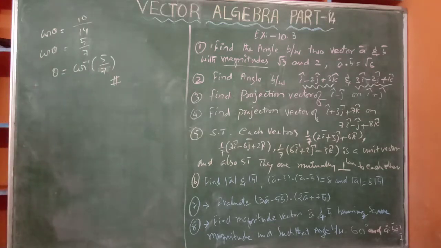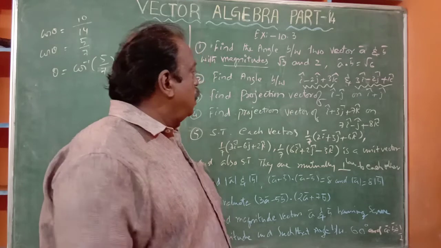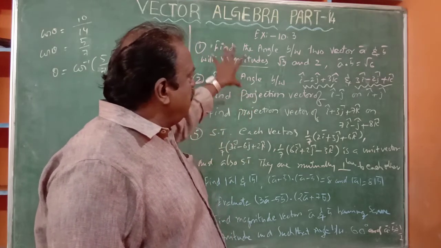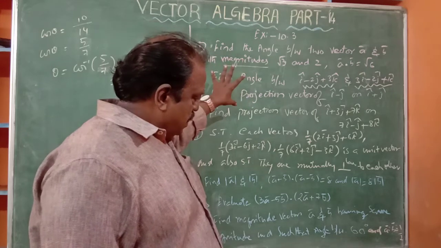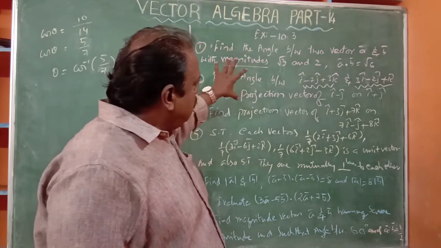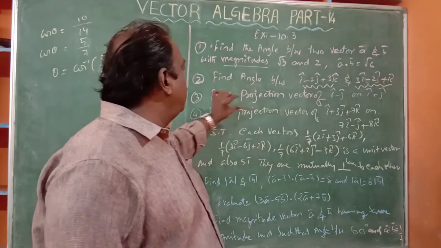Next, find the projection vector. Observe, open your textbook and see all the questions, because the place on the board is very short, that is why I am writing it.